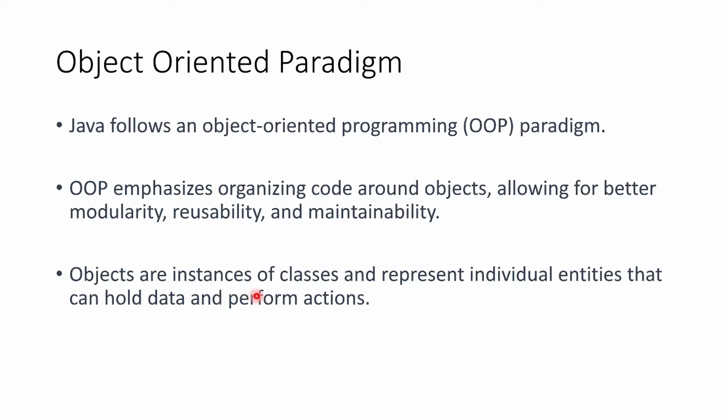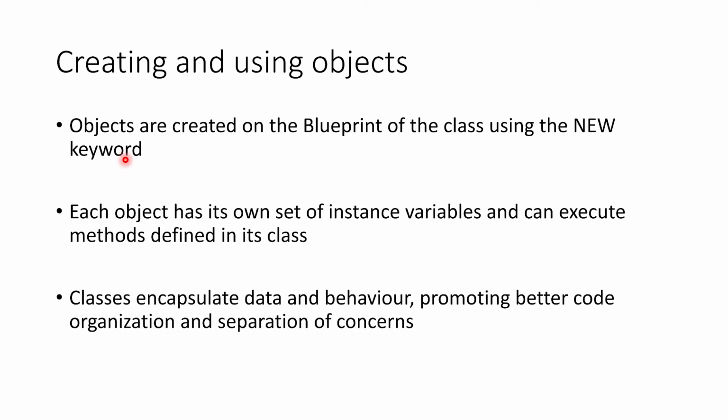Then objects are instances of a class. So once you create a class, you need to have objects that belong to that class. I'll give you examples just now to illustrate that. Remember, we said that a class is a blueprint, and when we create these objects, we use the new keyword, right?